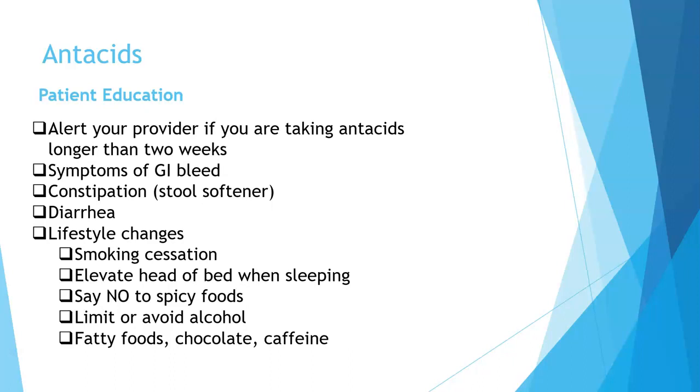Stop smoking. Elevate the head of the bed when they sleep, at least 15 degrees or more. Sit up for about 30 minutes after meals. Avoid spicy foods. Limit or avoid alcohol. Avoid fatty foods and chocolate. Everybody loves chocolate, but if you have stomach problems, you really need to avoid chocolate and caffeine.